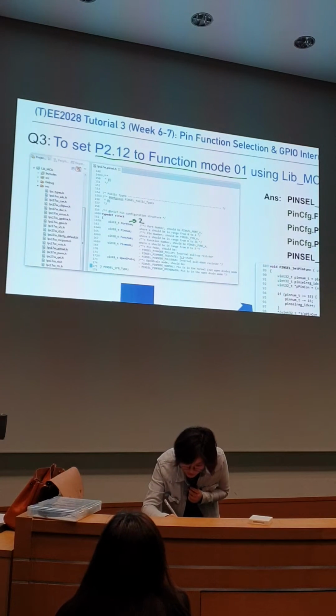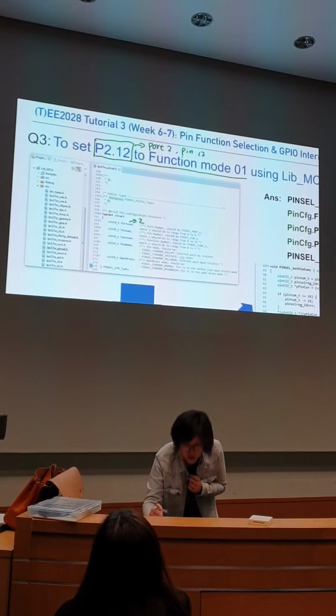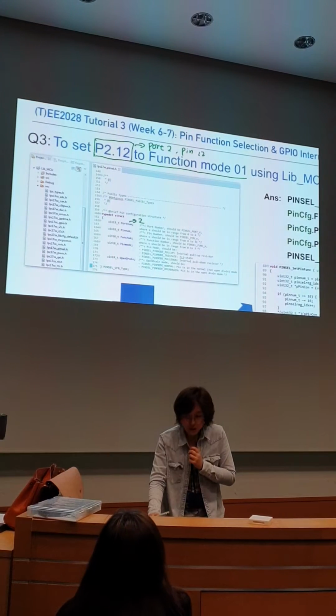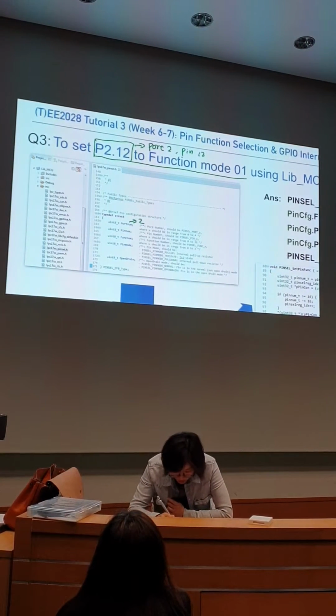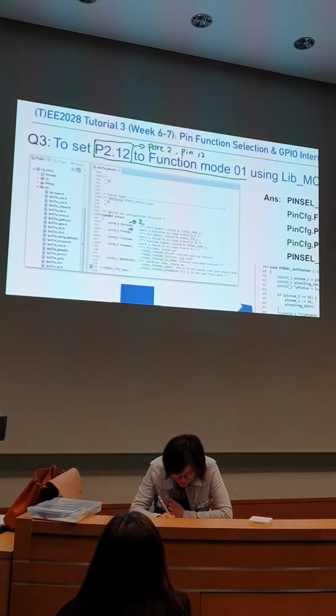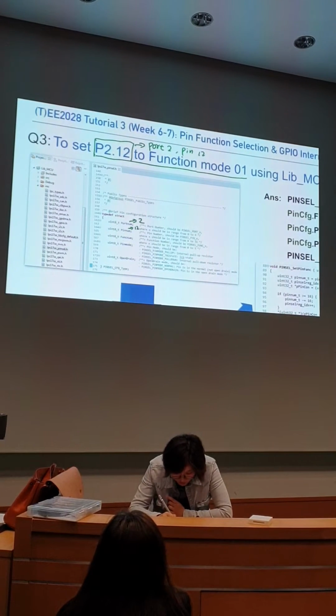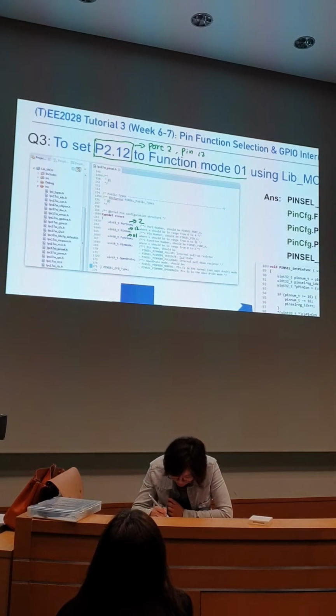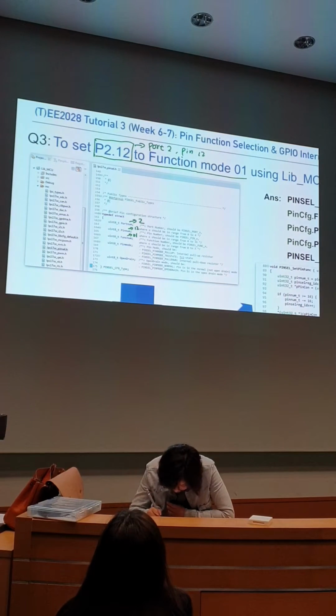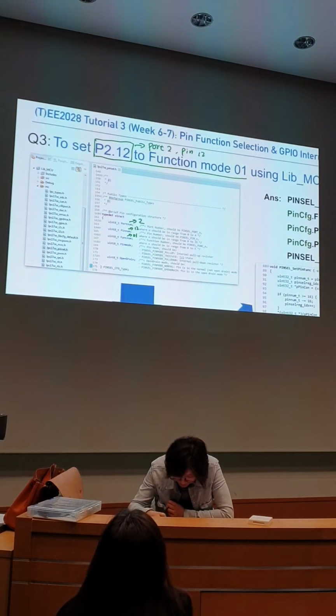Pin 2.12 means port 2, pin 12. So in this case, your port number is 2, your pin number is 12, and your function number is 01. And these two you can ignore; we are not talking about that.